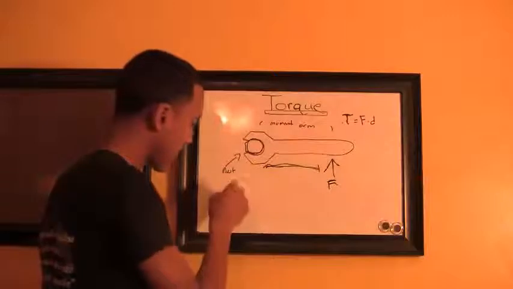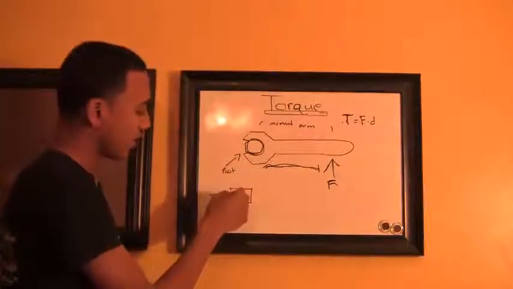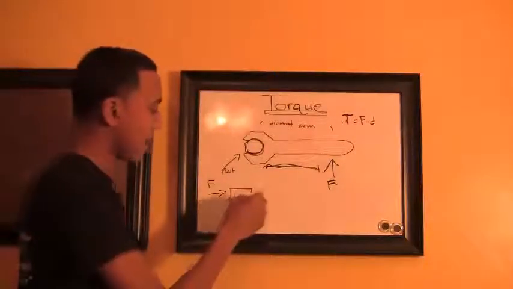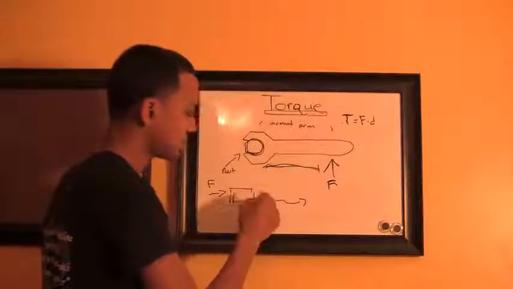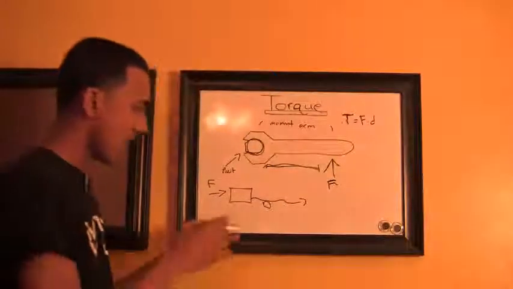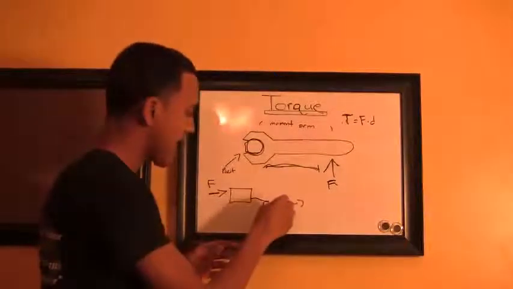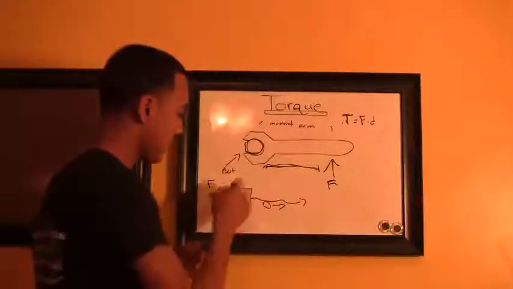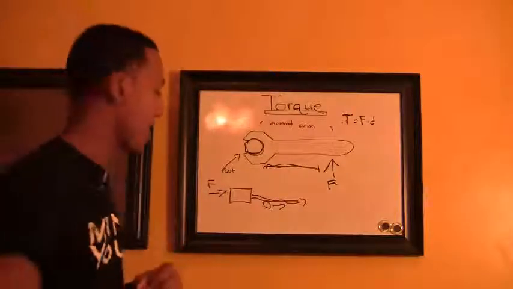One of the reasons is that in work, let's say that you have a mass and a force is acting upon that mass, and there's a distance. Now with work, the force and the distance act in the same direction, or parallel, and the object is being translated across the same direction.